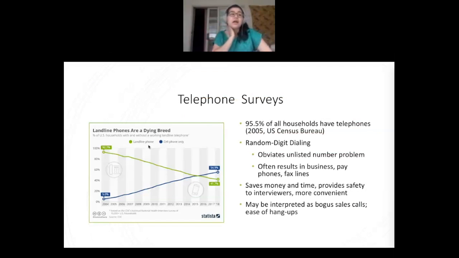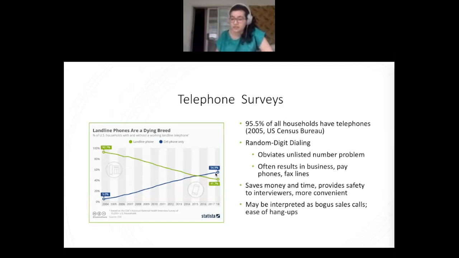There's also telephone surveys. 95% of all households have telephones, but we see that landline phones are a dying breed, so that should be an indication that there are good things and bad things about that.